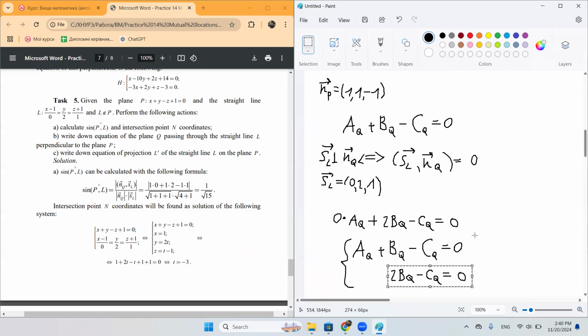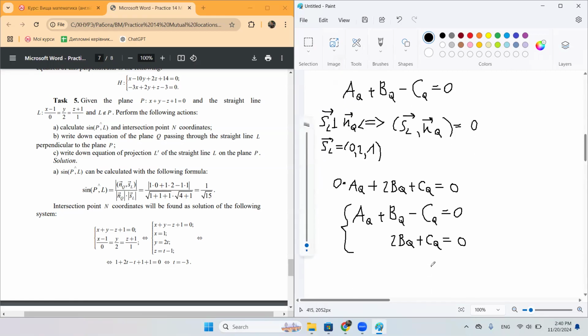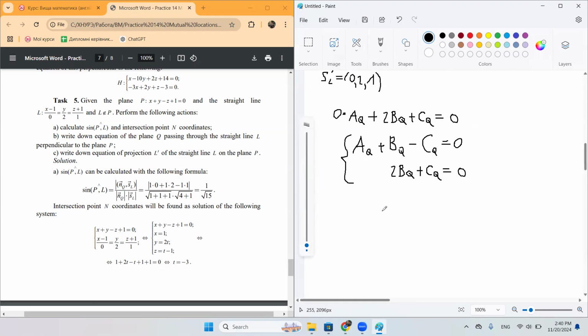I'm sorry, yes, plus CQ. Thank you for your comment and your attention. It's important not to lose signs. So C will be a free variable.